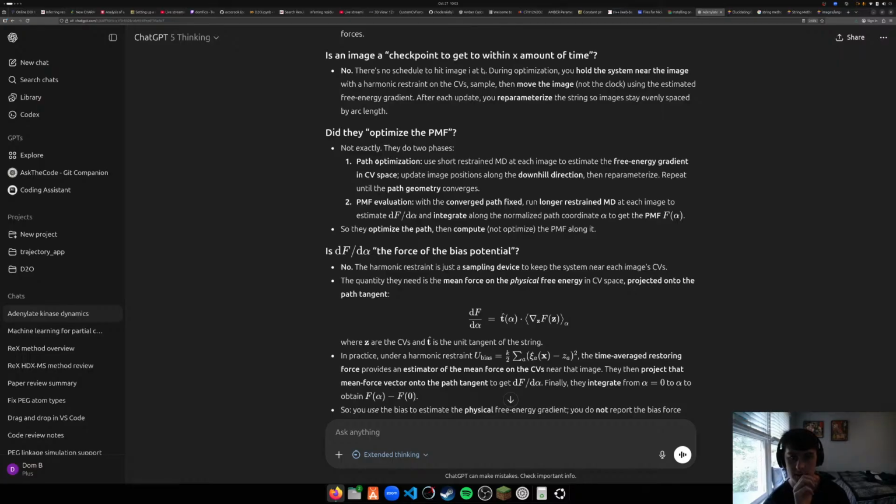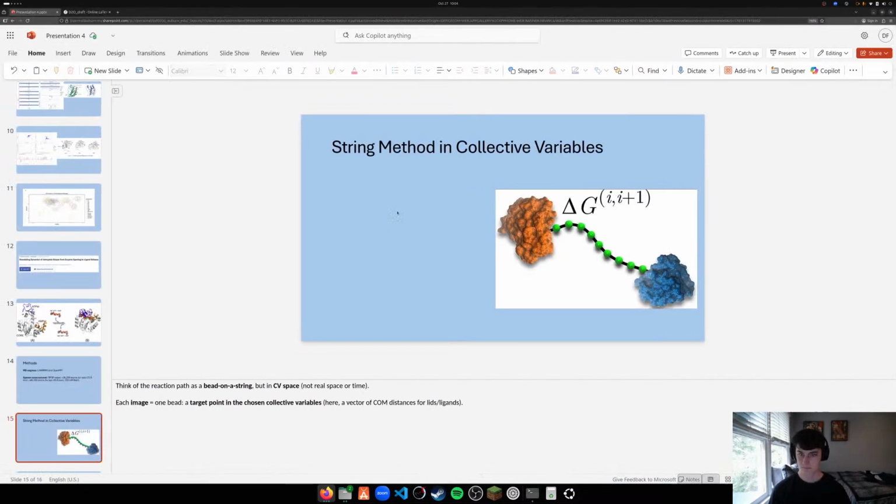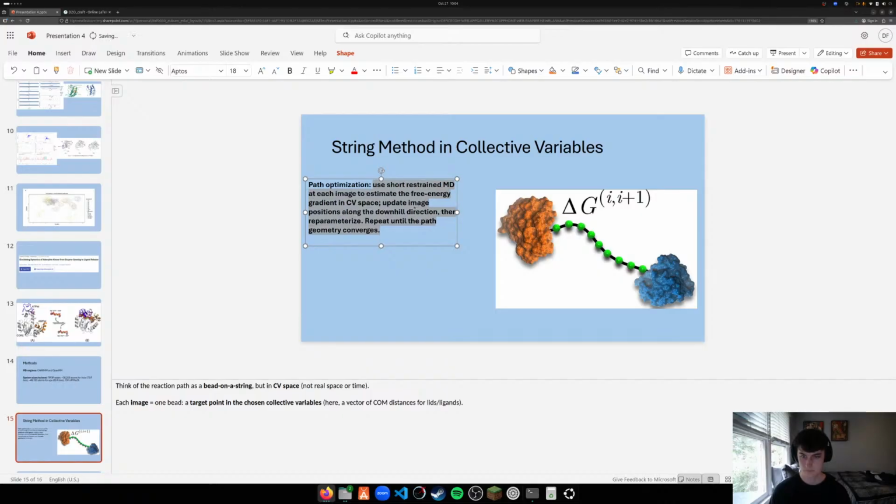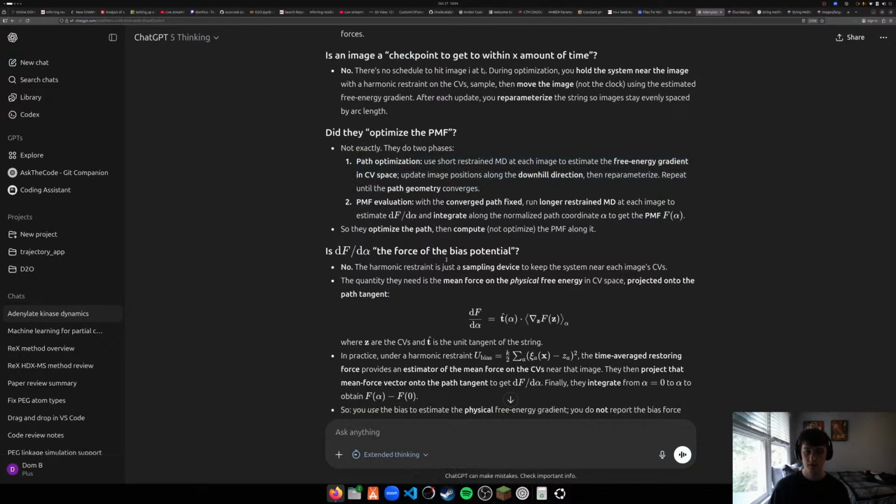So the path optimization uses short restrained MD at each image to estimate the free energy gradient in CV space, updates image positions along the downhill direction, then reparameterizes, and repeats until the path geometry converges.